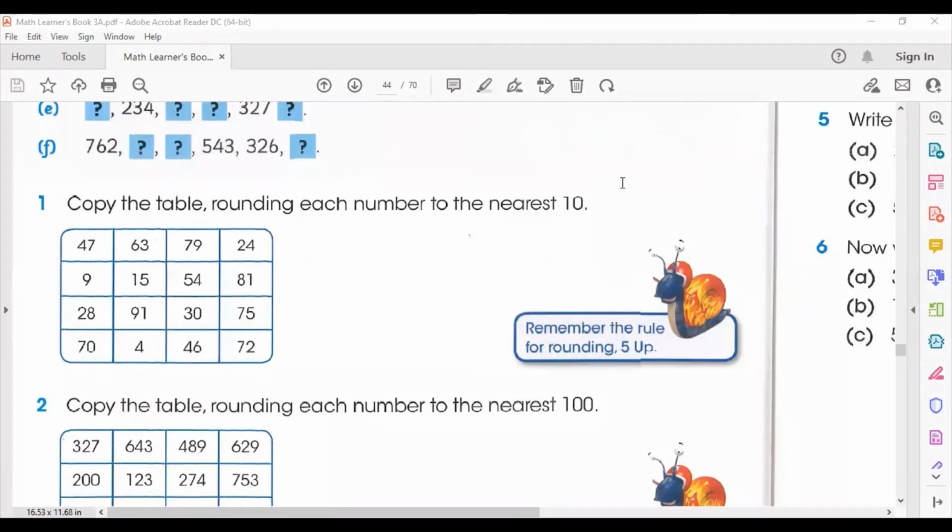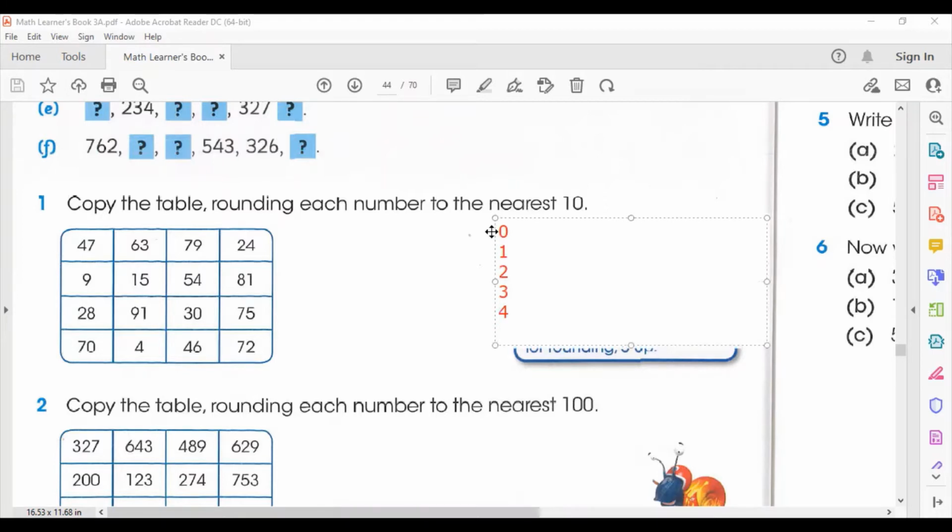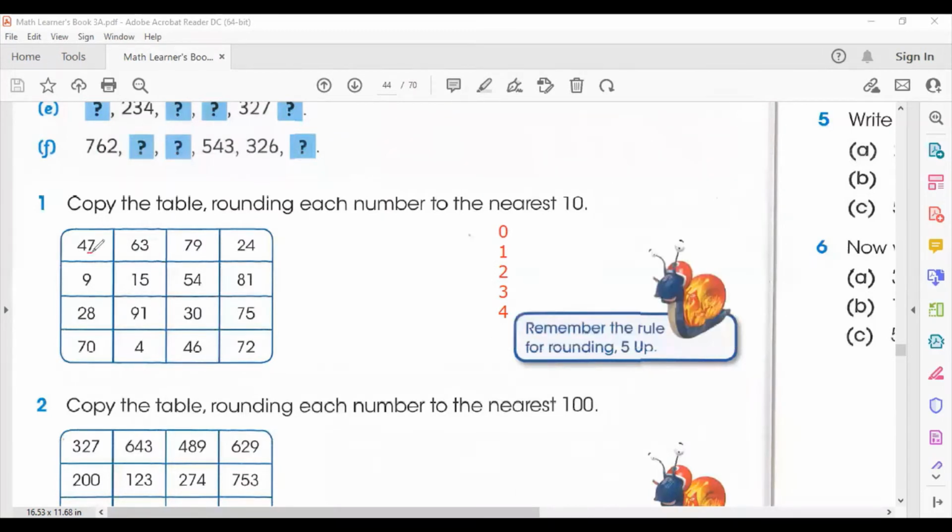If we are talking about the nearest 10, the digit at the one's place value may be 0, 1, 2, 3, or 4. If the digit at one's place value is less than 5, we need to make the number go to the nearest backward, not forward.